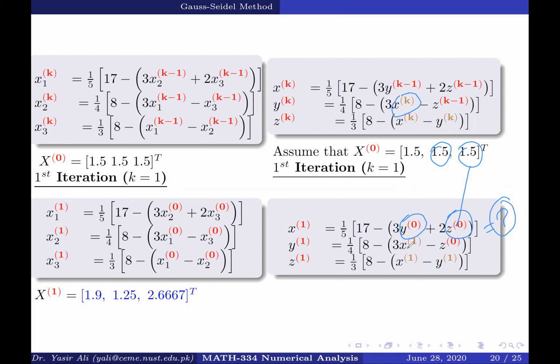Whenever x appears, I will use this new value, and for the rest of the variables which we have not computed so far, I will use the previous value. In this way, I can compute y1, and then both are used in the last equation. So I will use these values to get z1.